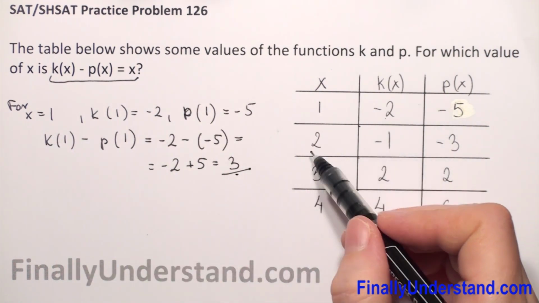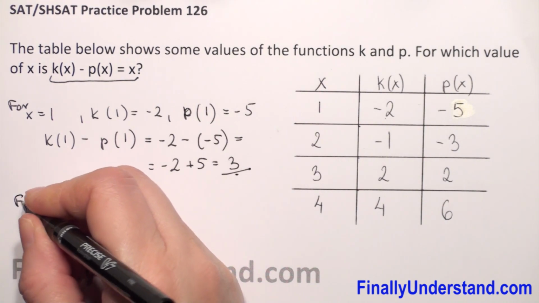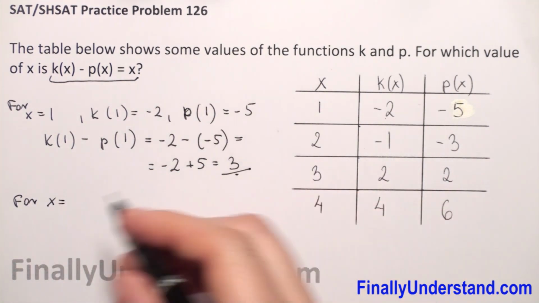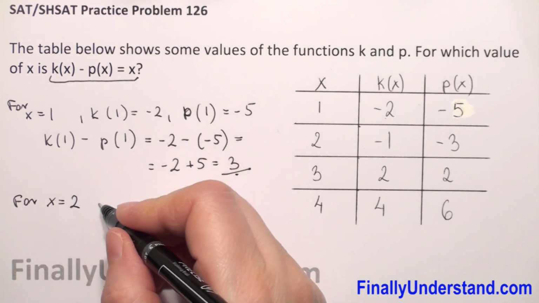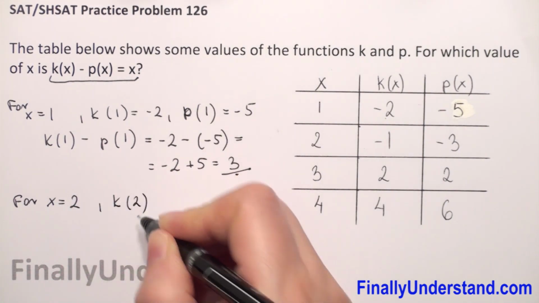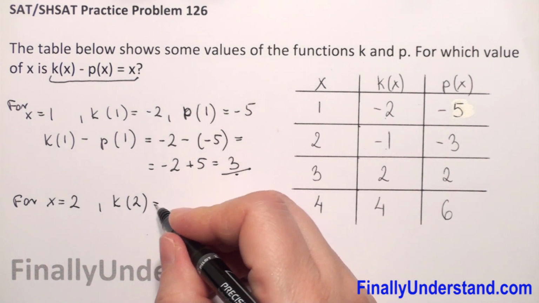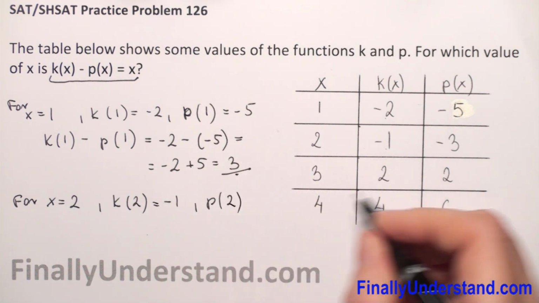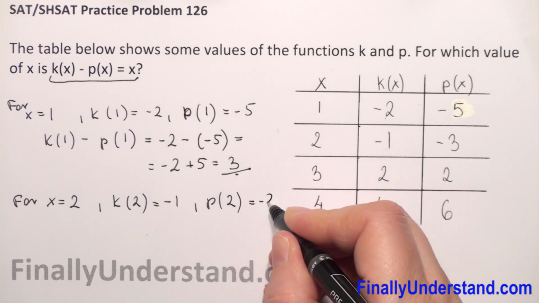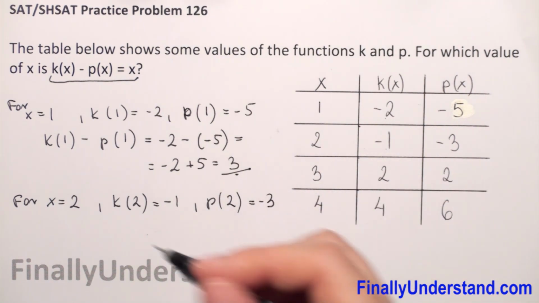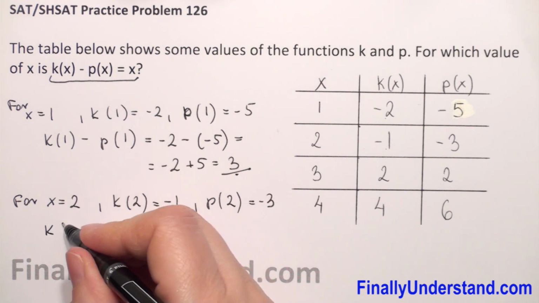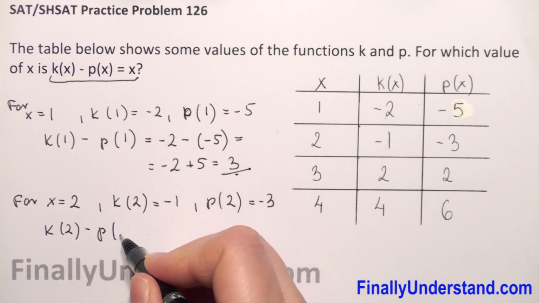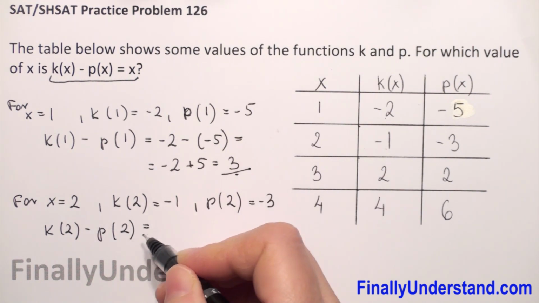So let's see what will be for x equals 2. We have now that k of 2 is negative 1, and p of 2 is negative 3. So what will k of 2 minus p of 2 be?